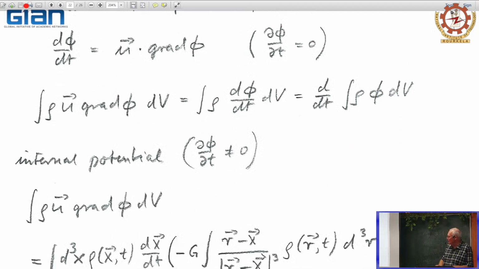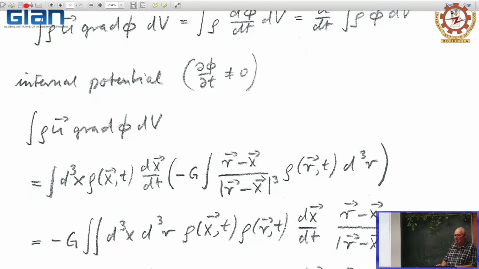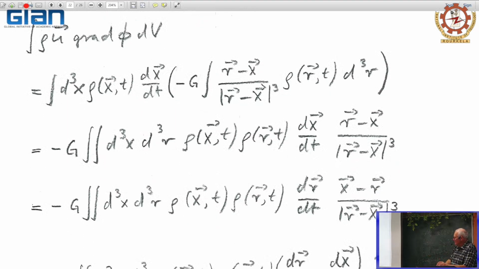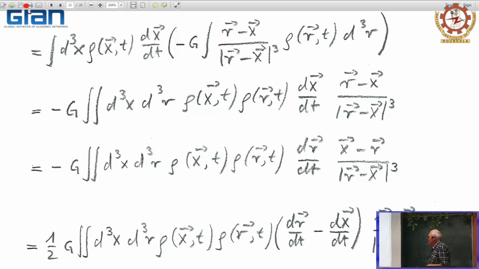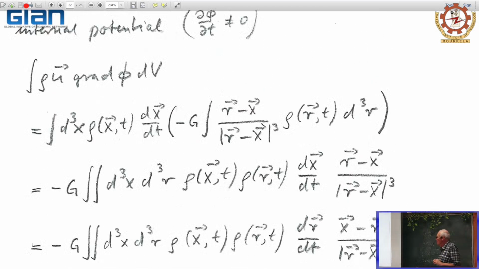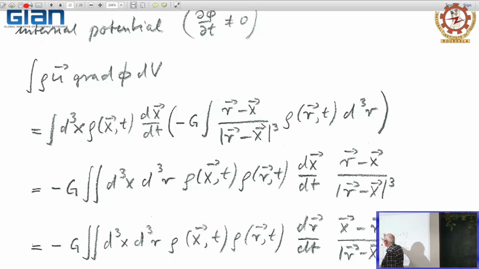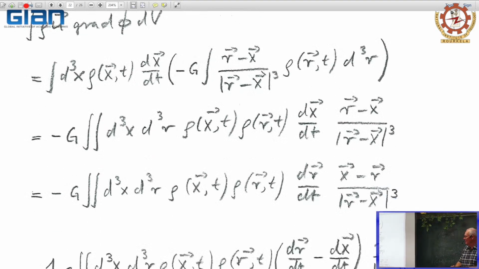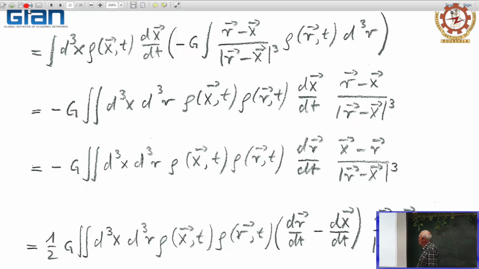But if you have an internal potential, then you need to go into the representation of the gravitational potential using the solution. You have to go to this double integral, and the trick here is that once you write down the expression for rho times the velocity times the gradient of the potential, and express the potential in terms of the integral, you get an expression which is asymmetric with respect to the variables x and r.